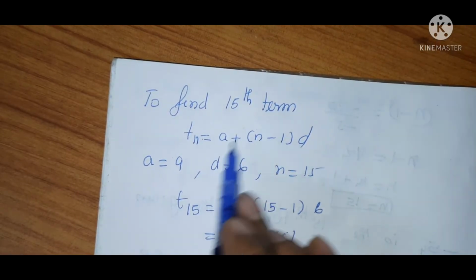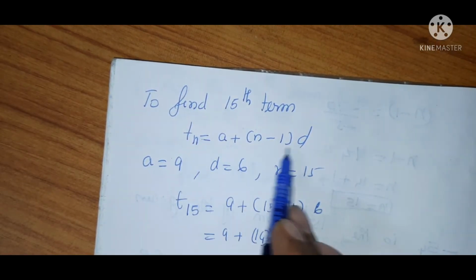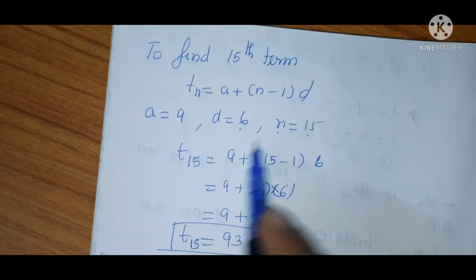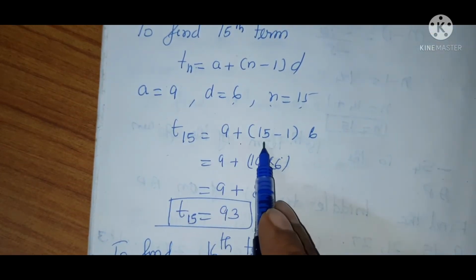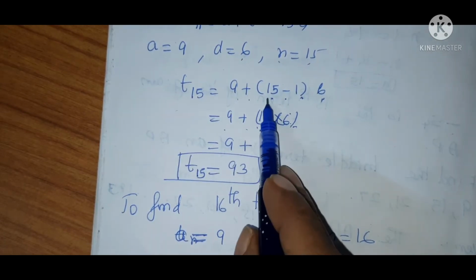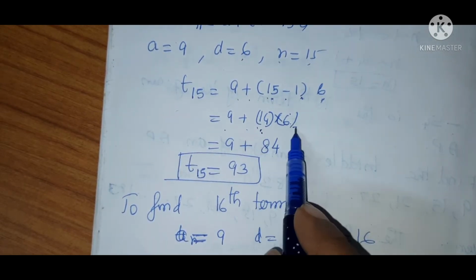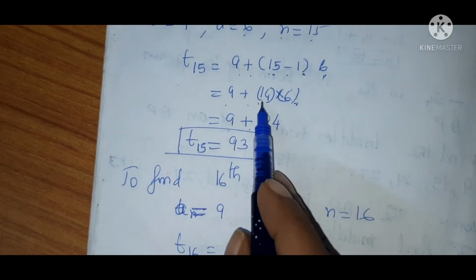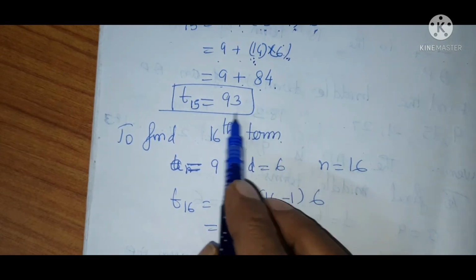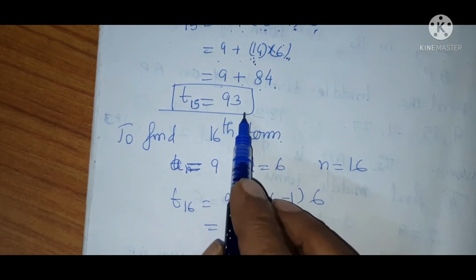To find the 15th term, Tn is a plus n minus 1 into d. Here a is 9, d is 6, n is 15. T15 is 9 plus 15 minus 1 into 6. 15 minus 1 is 14. 14 into 6 is 84. 9 plus 84 is 93.